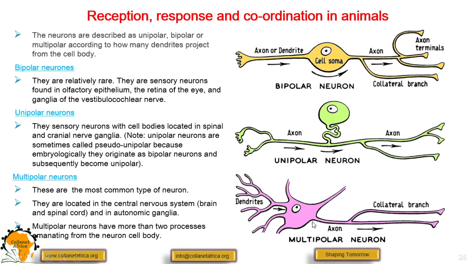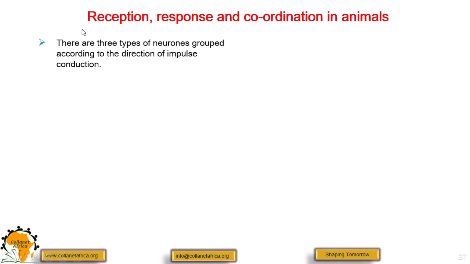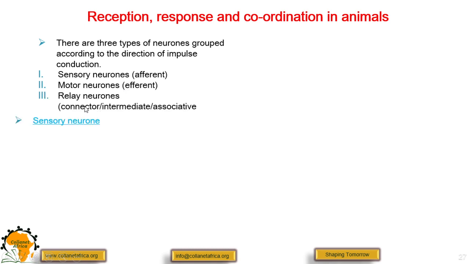So that is one way of describing neurons, according to the number of dendrites that project from the cell body. The other way is according to the direction of impulse conduction. We have sensory neurons, we have motor neurons, we have relay neurons.